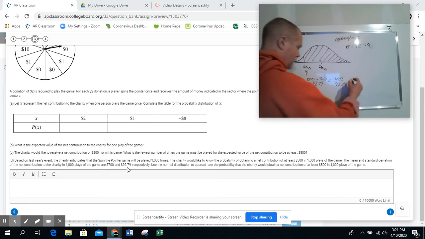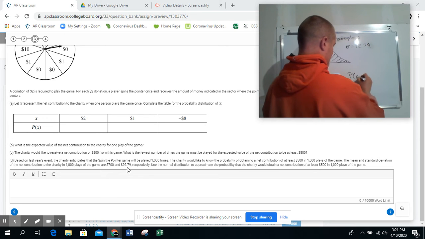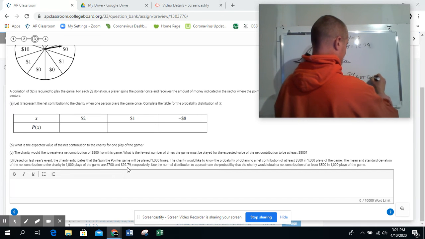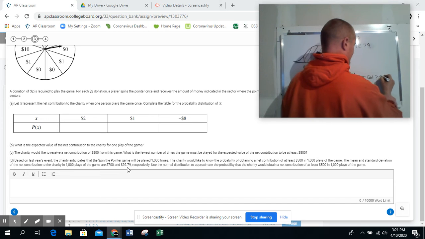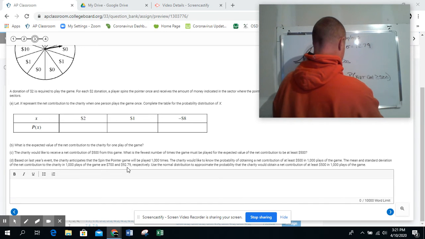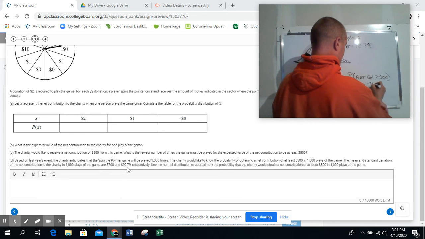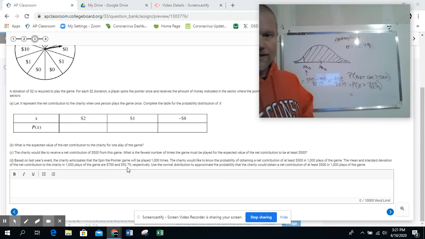And the probability that we'd get a net contribution that's greater than or equal to 500 will be equal to the probability of getting a z-score that's greater than negative 200 divided by 92.79, which we have to go to a normal calculator again for.